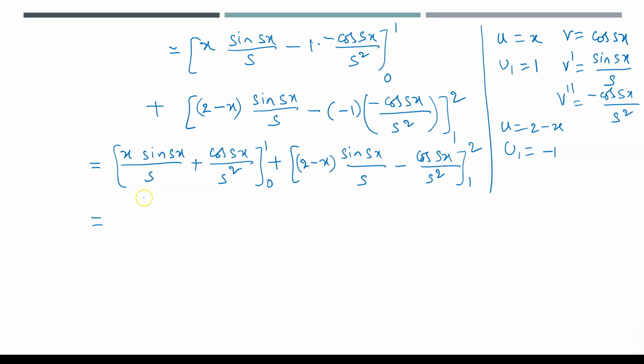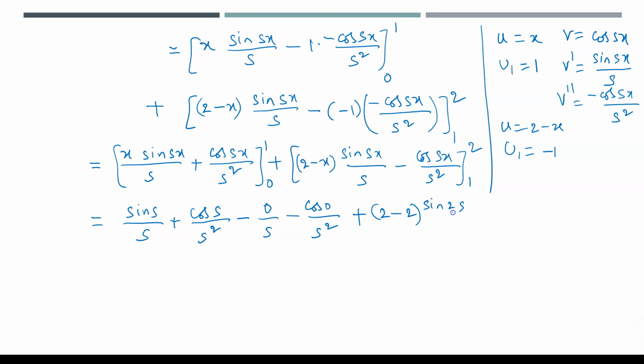So if we put x equal to 1 first, we get sin s by s plus cos s by s square, minus 0 by s minus cos 0 by s square. Now if you apply the limits, (2 minus 2) into sin 2s upon s minus cos 2s upon s square.